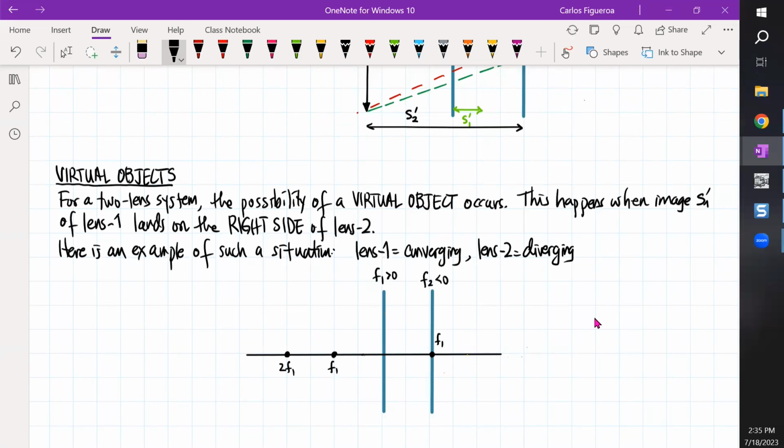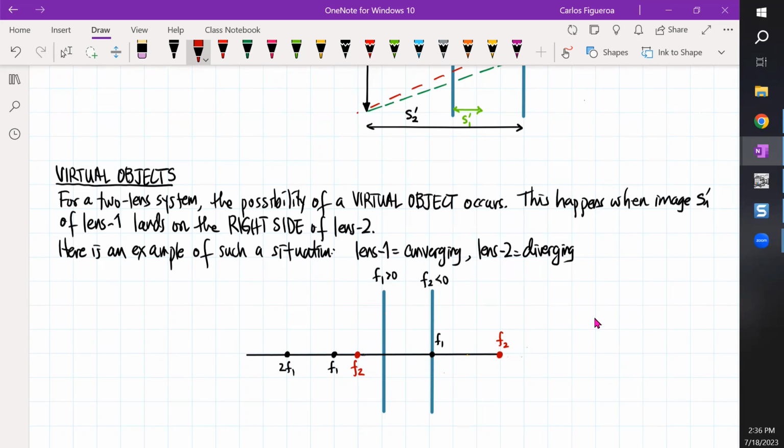Now I'm going to put my focal length of lens 2, which is negative. I'm going to make this 3 squares instead of 2. Now, I don't really need the far focal point for the diverging lens, but I just put it there nonetheless.